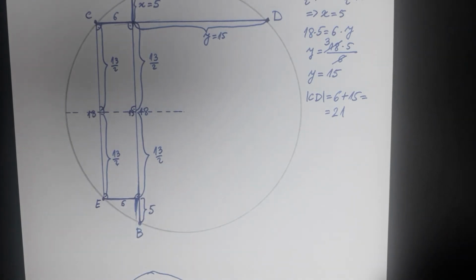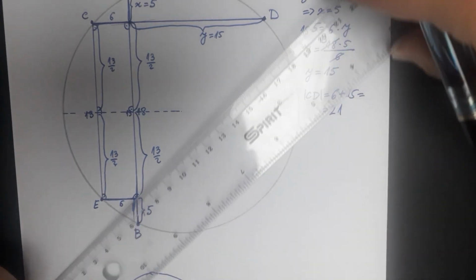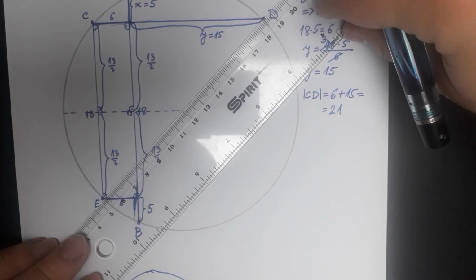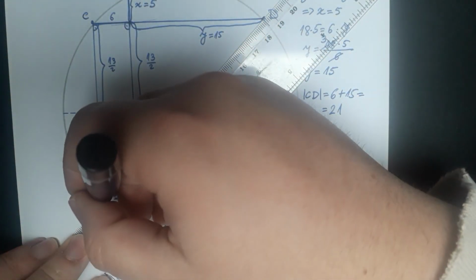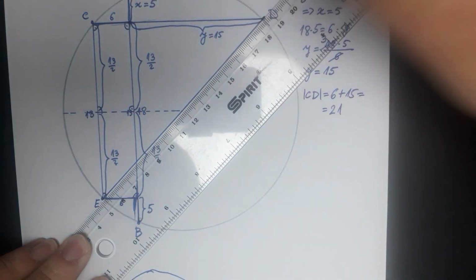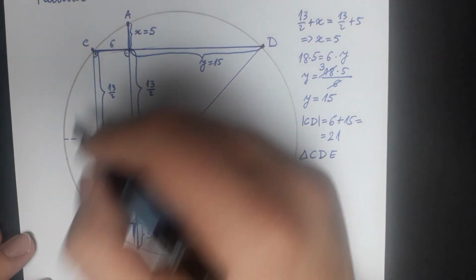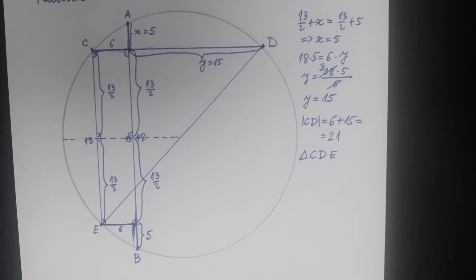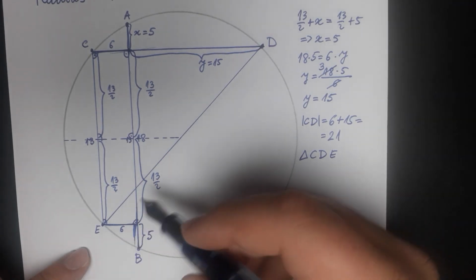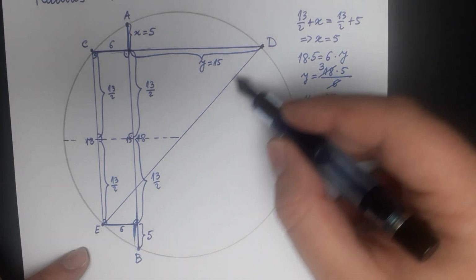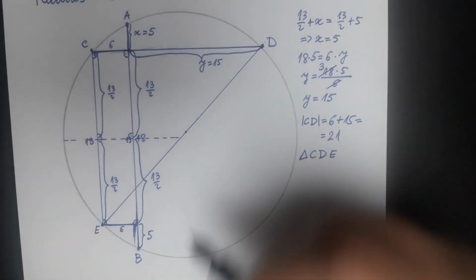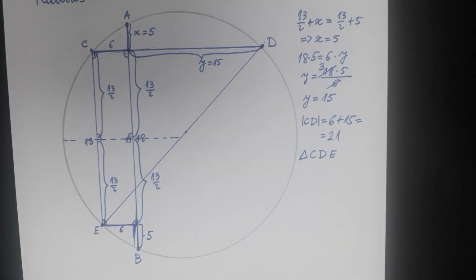Let's call it E. Let's now connect the dots E and D. As you can see, we get this right-angled triangle CDE with a right angle here at dot C. As you can see, this line ED passes through the center of our circle right here. And that is not a coincidence.